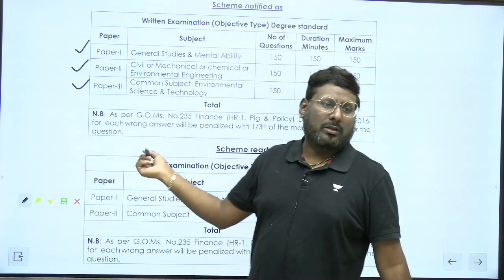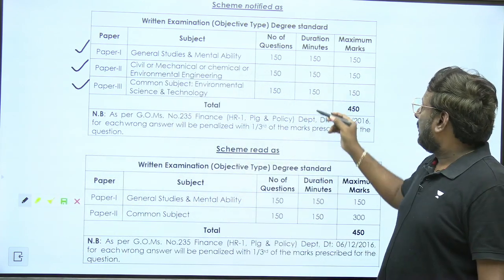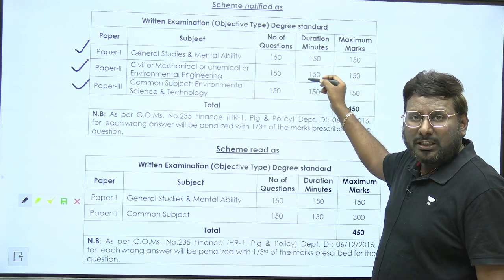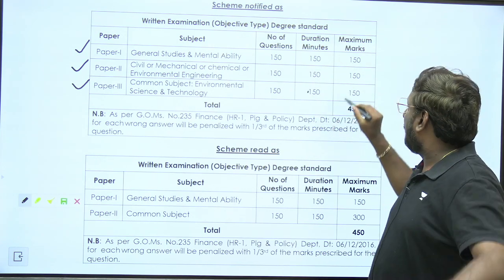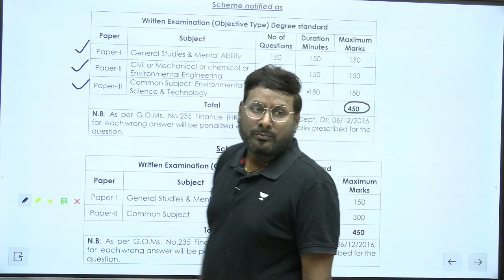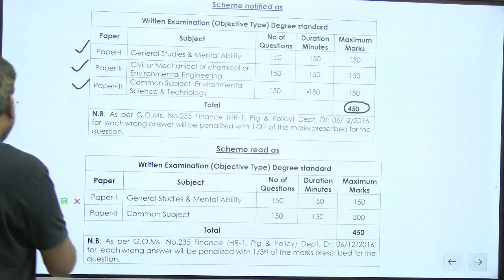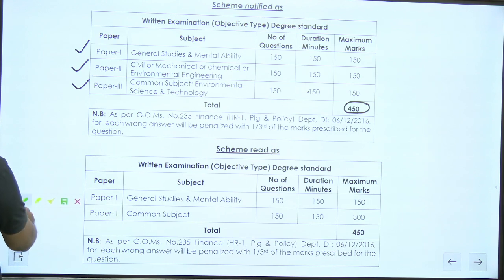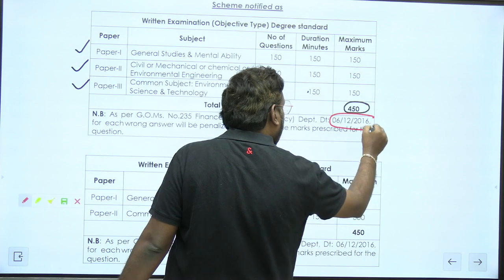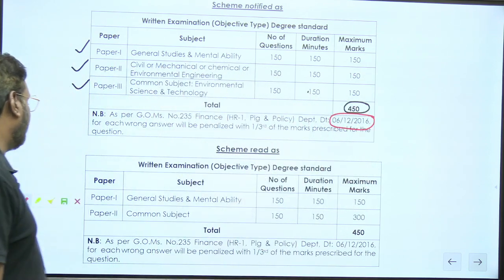We discussed this in the morning. Total 150 questions in each paper, 150 minutes duration, each question 1 mark, total 450 marks. This is according to the 2016 pattern, dated 6/12/2016, a very old pattern.